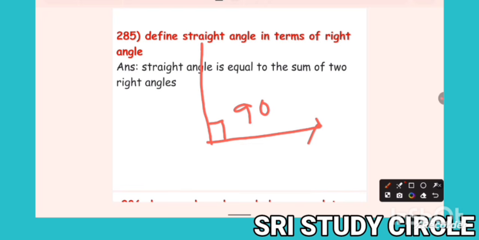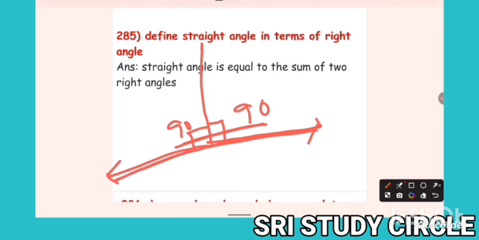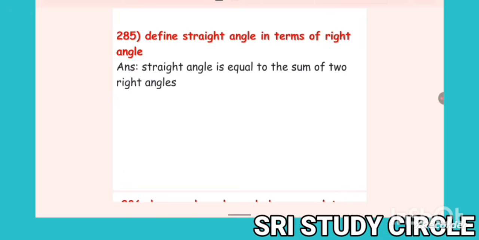Now rotate again, and the angle here is again 90 degrees. So a straight angle is one straight line, two 90 degrees or two right angles. A straight angle is equal to the sum of two right angles.